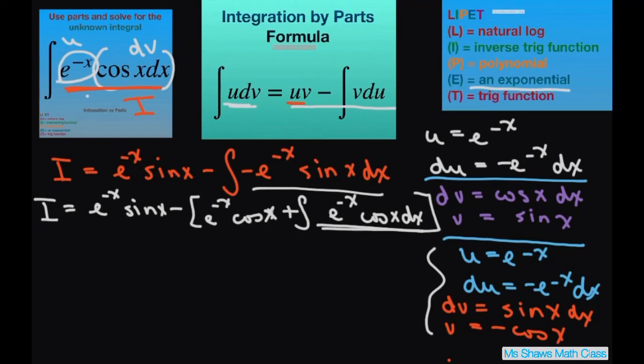So basically what we have is I equals e to the negative x sine of x. I'm going to distribute this negative.